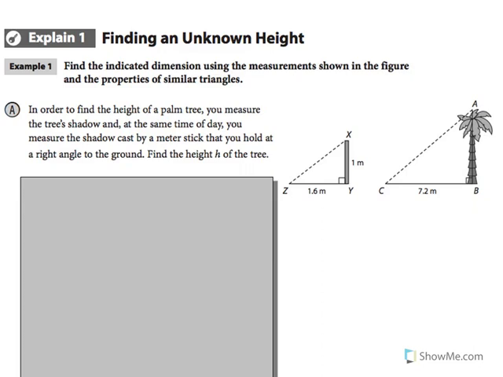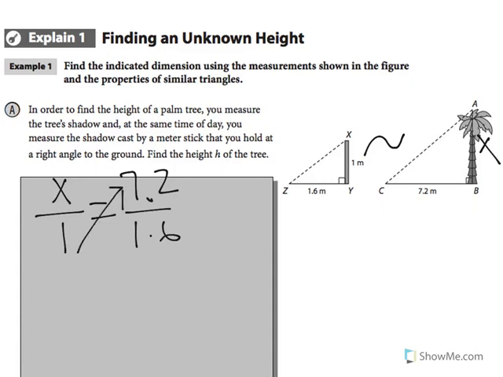Since the two triangles are similar, let's call the height of the tree x, and we can use proportions. We can have x over 1 is equal to 7.2 over 1.6. Since we're solving for x, we just need to bring the 1 over, so x equals 1 times 7.2 over 1.6.